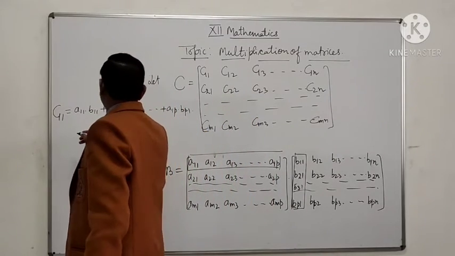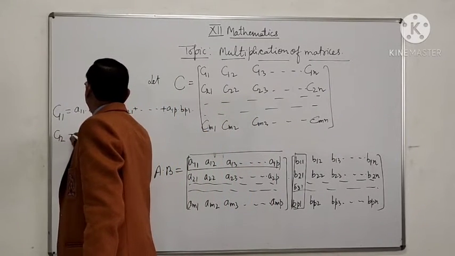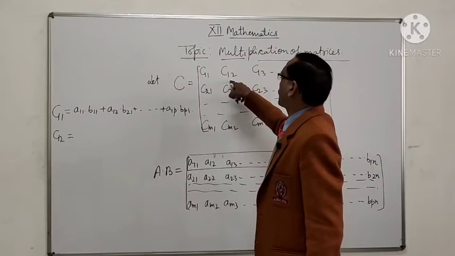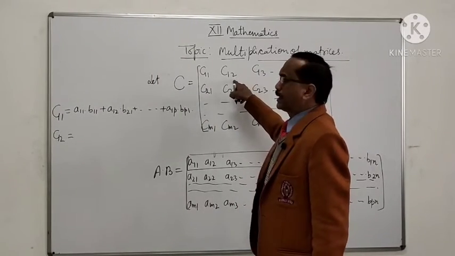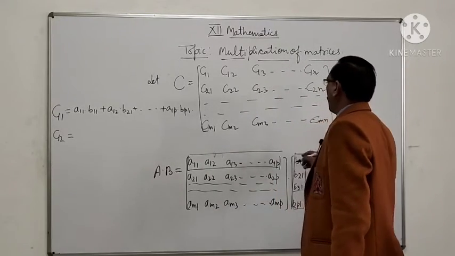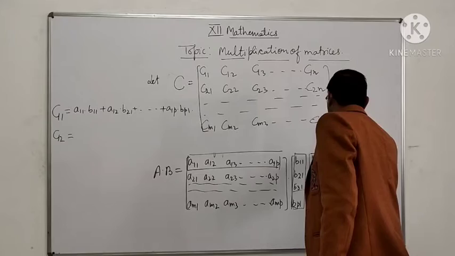Now C12 means it is the element of the first row and second column. This element is obtained when we multiply the first row with the second column.